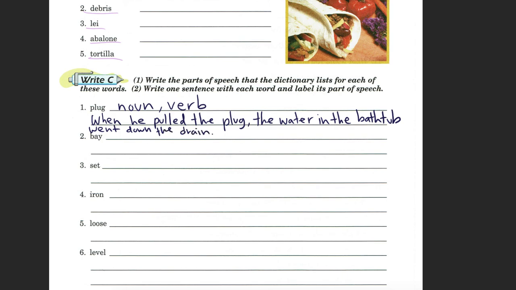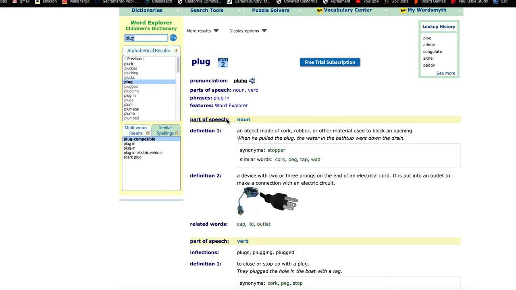If you want to label the parts of speech, you can circle the word plug and then write the part of speech that it's playing in the sentence. For this example, it's a noun.